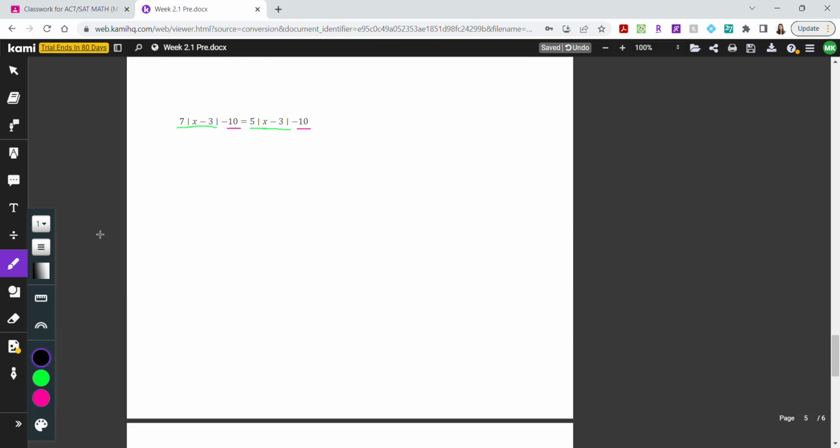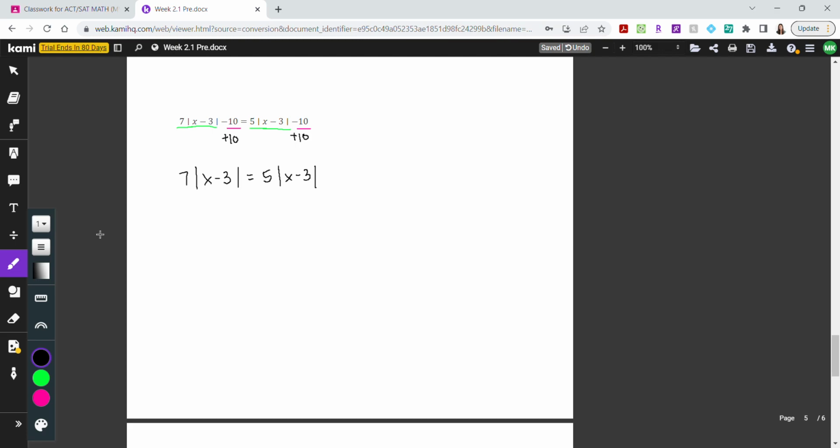So let's get rid of the negative 10s first on one side. So let's do plus 10. That's going to give us 7 absolute x minus 3 equals 5 absolute x minus 3. And then negative 10 plus 10 is going to be 0, so we don't even write it.